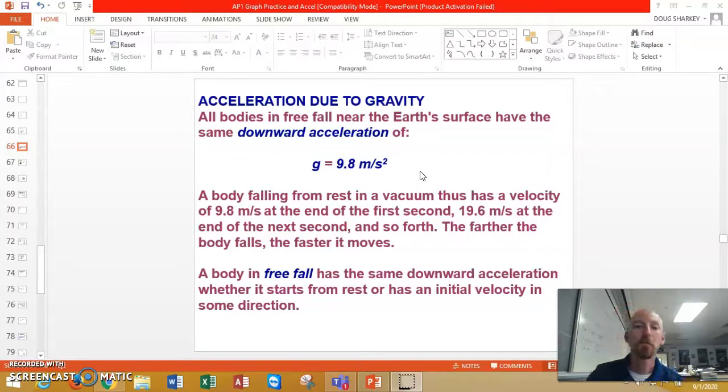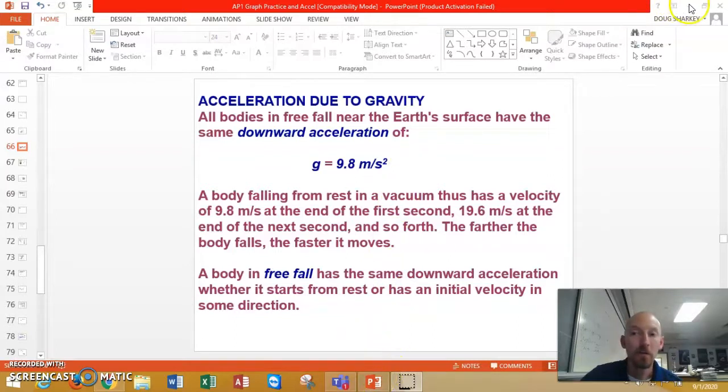I like to call it the force due to gravity. This is not a force. This is our field strength. This is an acceleration. Notice meters per second squared. What does this mean? This means that if you let something go, it will accelerate at that rate. Anything and everything will, near the surface of the Earth.